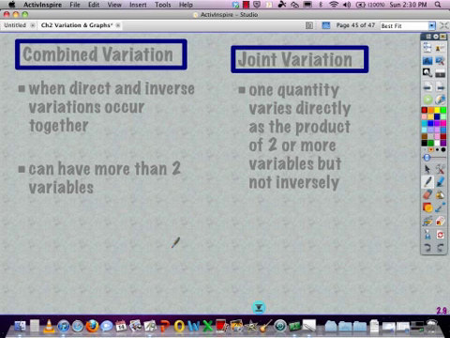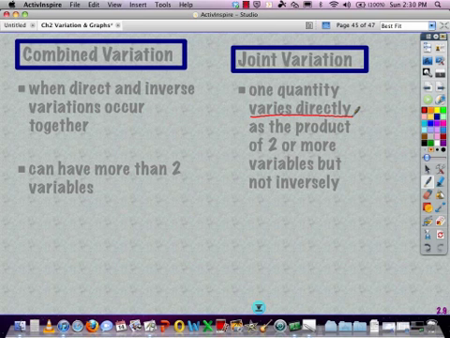The other type, called joint variation: one quantity varies directly as the product of two or more variables, but not inversely. So we can have two or more variables, but they all have to be in a direct situation. And we've been talking that if we see a direct, it's like a multiplying combination.